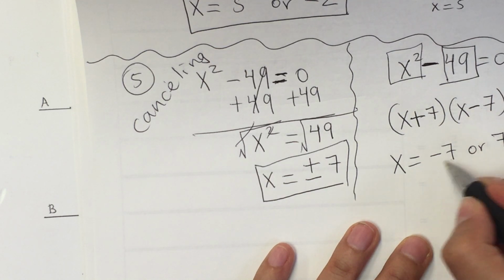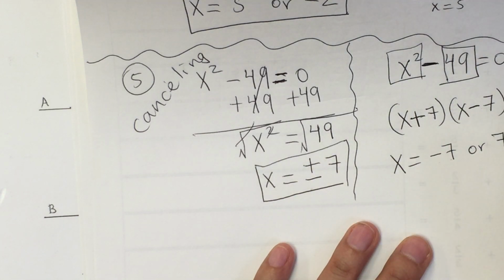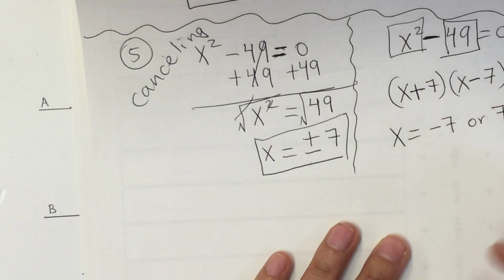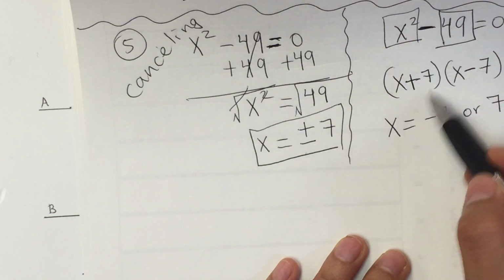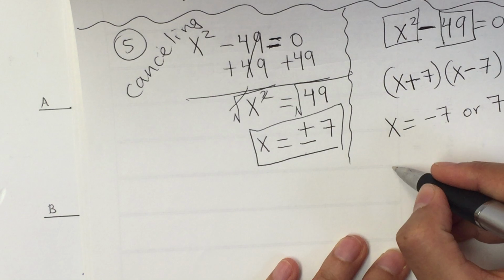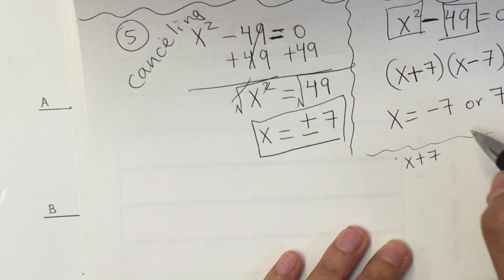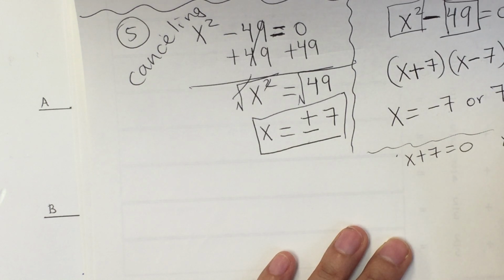If you notice, we got the same two answers. The only thing is that this is arranged in a different way, but it's exactly the same answer. If you were to do the factoring part, I mean the factor equal to 0 and this factor equal to 0, so it would be x plus 7 equals 0 and x minus 7 equals 0.